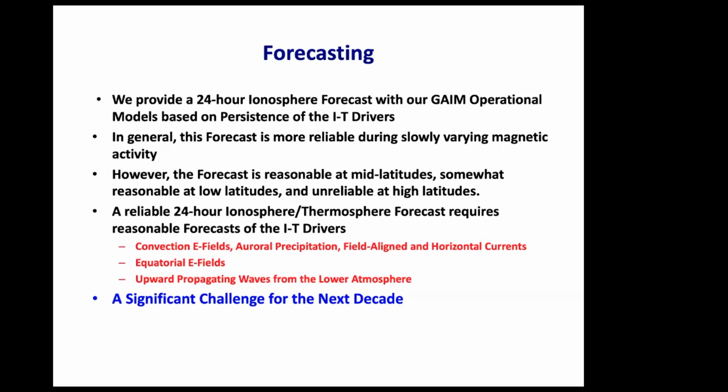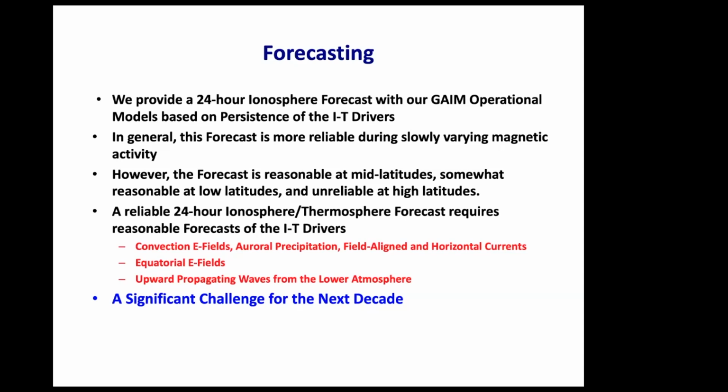We also tried something else that is slightly different than persistence. We took the drivers from 24 hours ago and from 48 hours ago. We averaged them and used them in our 24-hour forecast, and this seemed to work better. Now, in general, this forecast is more reliable during slowly varying magnetic activity.